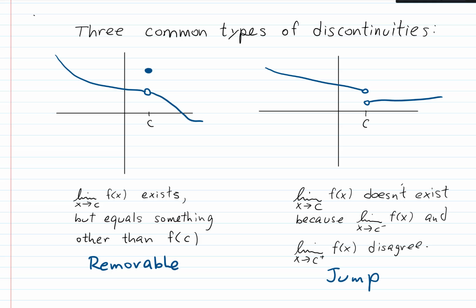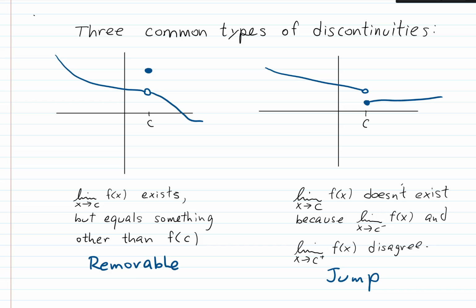So the function is neither continuous nor discontinuous at C. But if I fill one of those two points in, now C is in the domain, and the right and left-hand limits at C disagree. So there is no two-sided limit at C, and that's called a jump discontinuity. Okay?